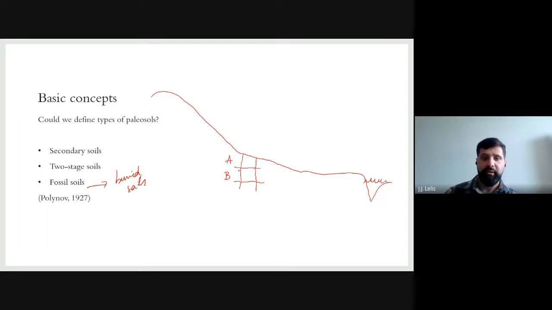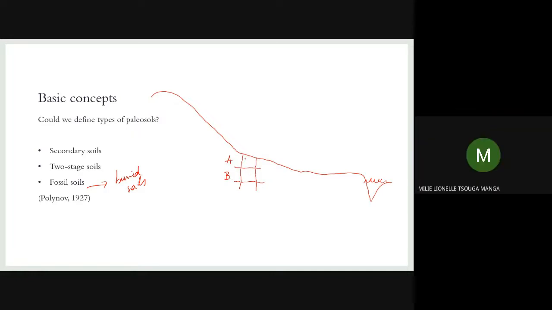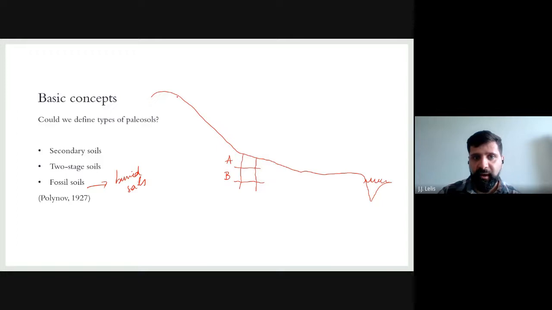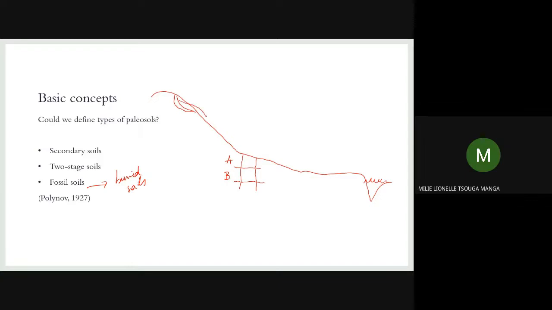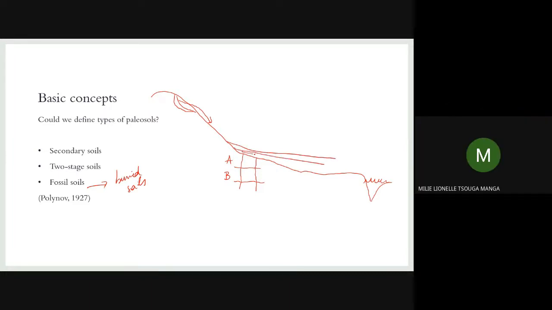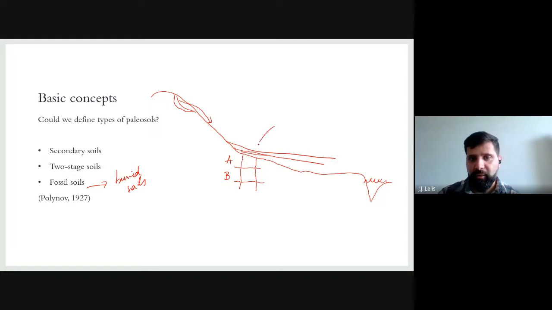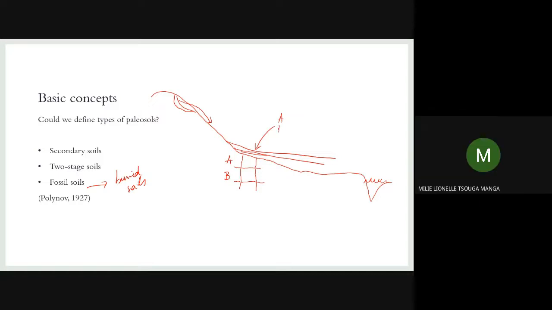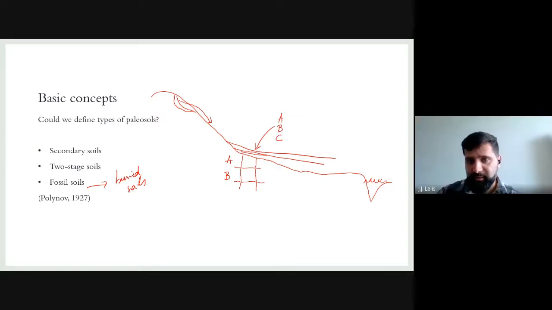These horizons are formed on a surface, but erosion starts to remove material from here, and this material starts to run and is deposited here. And now I have several horizons here, like another A, another B, and at least another C. And this horizon today is an AB horizon, it's a buried horizon.